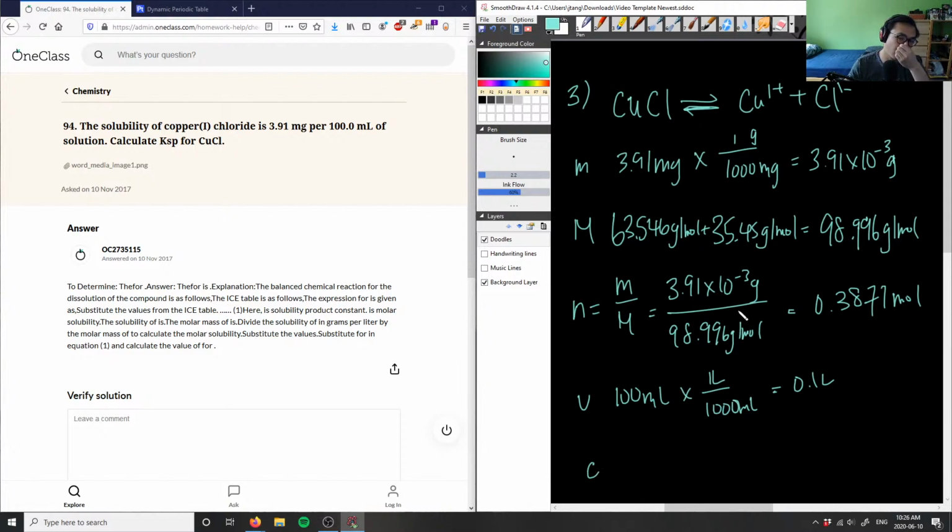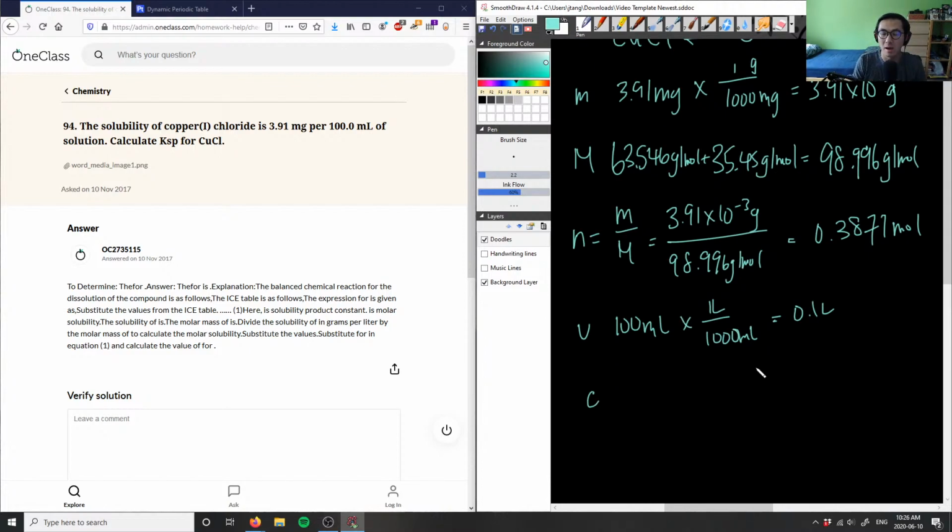The concentration is simply moles divided by volume. So 0.3871 divided by 0.1 liters gives us 3.871, not 0.03, sorry.